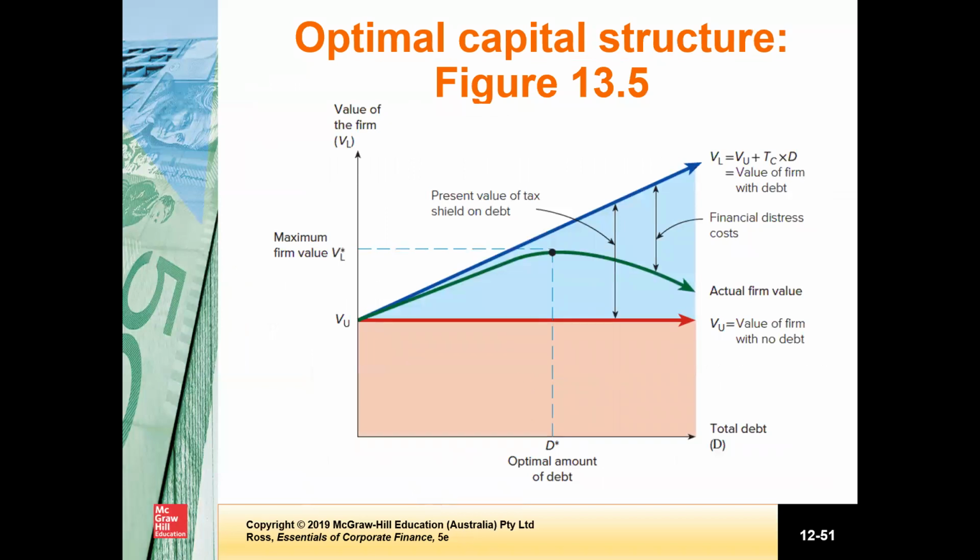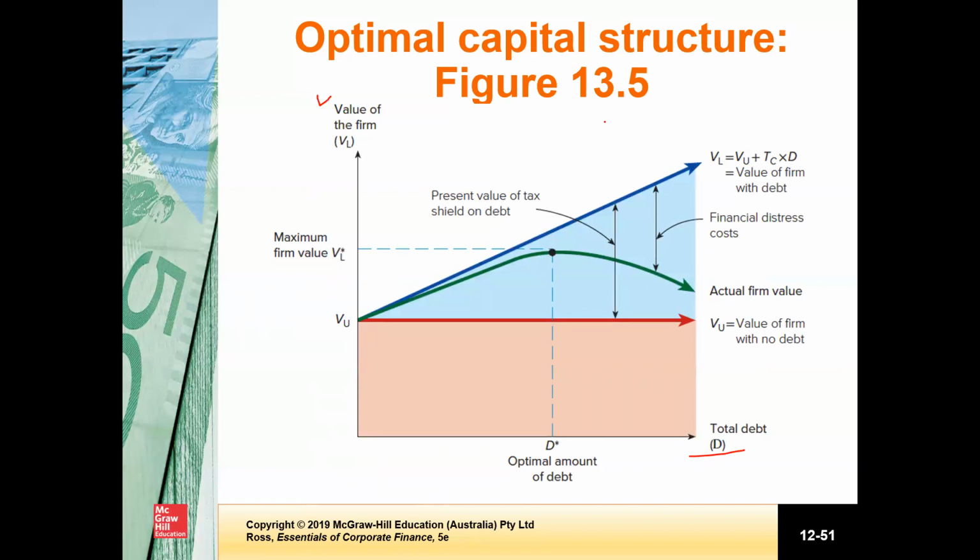So the static theory that I just explained is illustrated in this figure. It plots the value of the firm on the vertical axis against the total debt on the horizontal axis. In this diagram, the lines correspond to three different stories. The first is proposition 1 with no taxes.